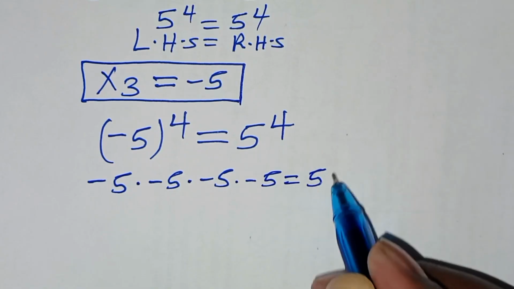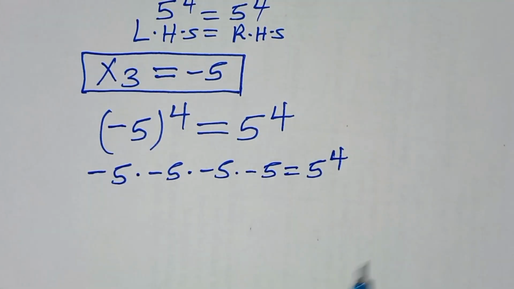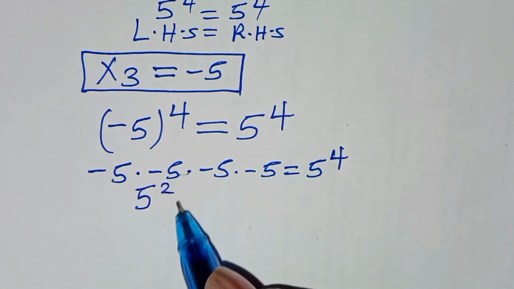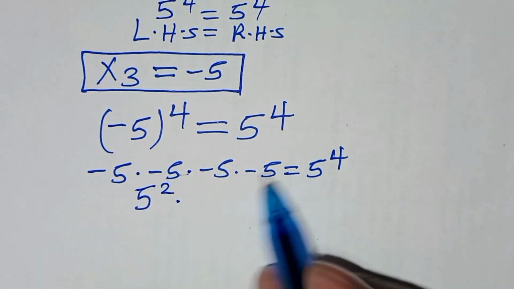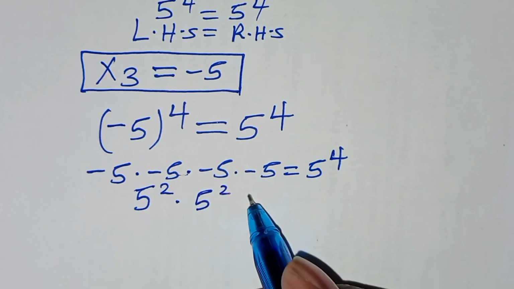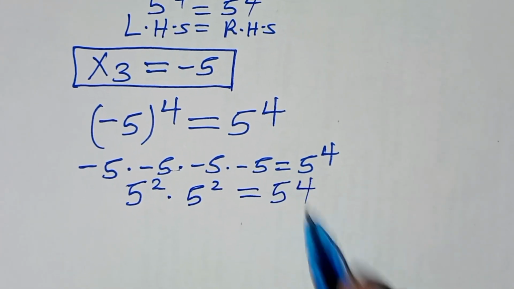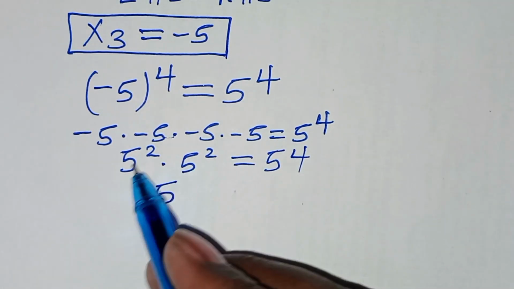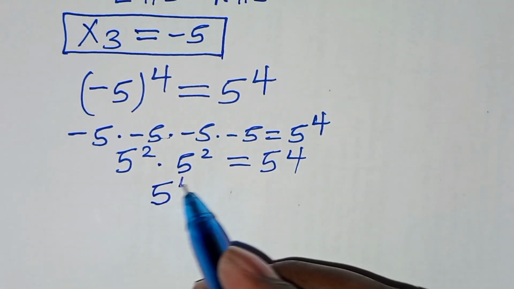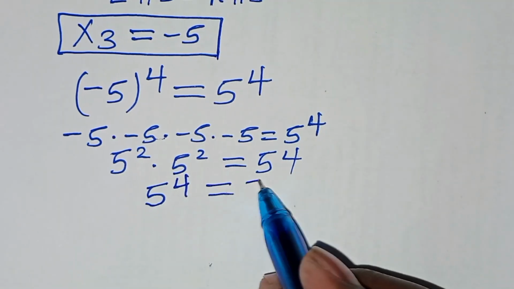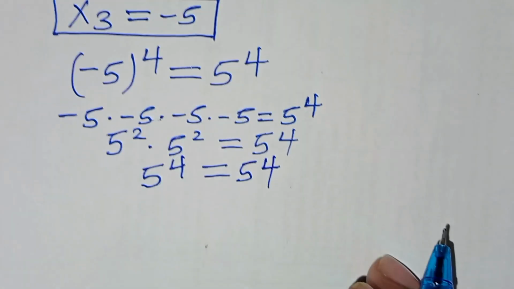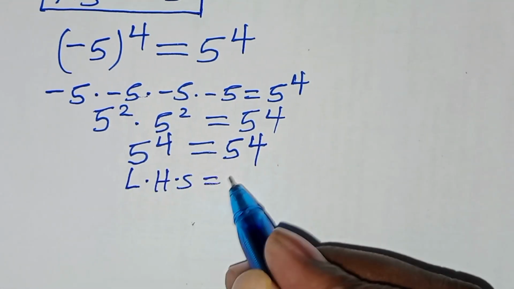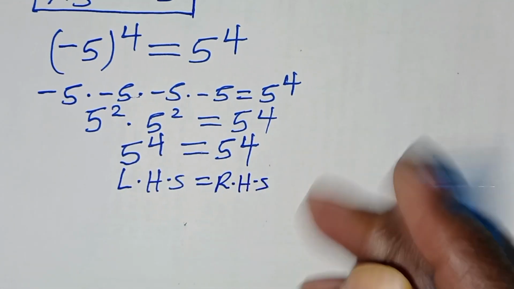So this is minus 5 times minus 5, which is 5 to power 2, times minus 5 times minus 5, which is 5 to power 2. So this should be equal to 5 to power 4. So this implies that we have 5 to power 2 plus 2, which is 5 to power 4, equal to 5 to power 4. So this clearly indicates that the left hand side is equal to the right hand side.